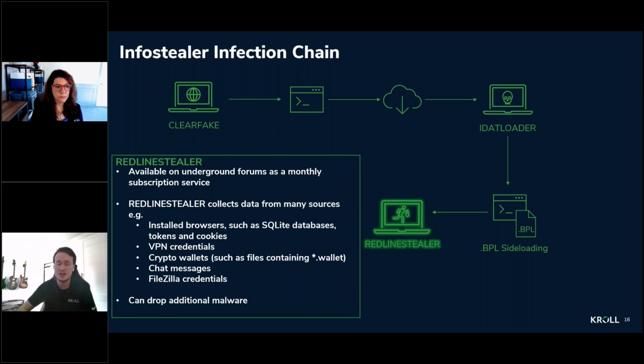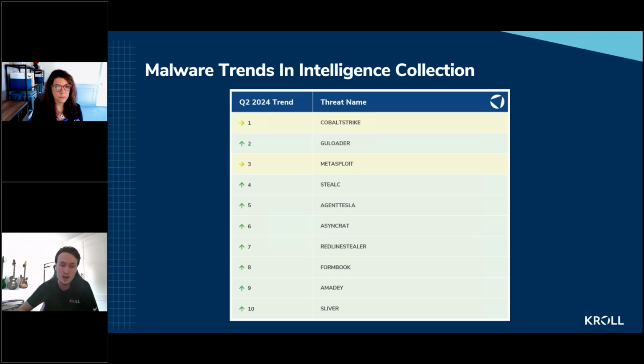And if we look at the next slide, that's really reflected in numbers that we collected for Q2. Pretty much everything stealer related has shot right up our rankings. We've got some loaders in there, Steal C, Redline Stealer, Formbook, Amadey. All of those have information stealing capabilities, and they're alongside other post-exploitation frameworks like Cobalt Strike, Metasploit, and Sliver.